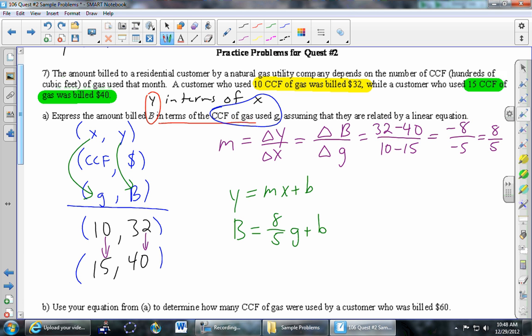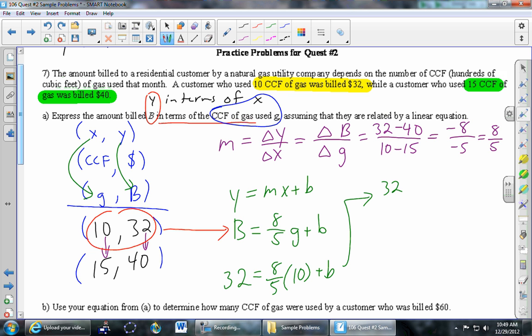So how do we find it? Well, we'll just pick either of our points and plug them into that equation. For example, if I pick 10 and 32 and stick those numbers into this equation. The B is the $32 that was billed. 8/5 times 10, that's the G, plus the unknown y-intercept. So almost done. 32 equals the 10 and the 5 cancel and give you a 2 left up there.